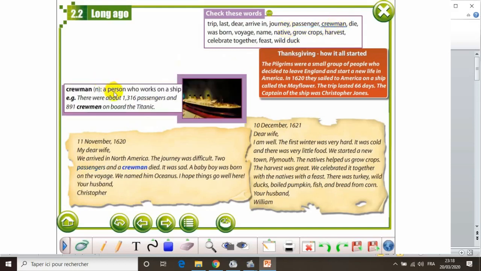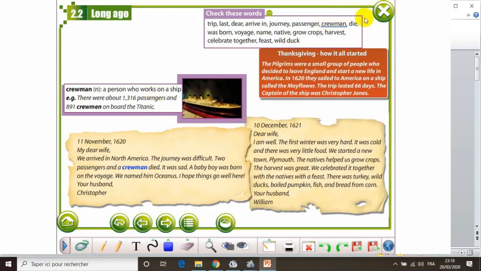A person who works on a ship. There were about 1,316 passengers and 891 crewmen on board the Titanic. Crewman, a person who works on a ship. His work is on a ship. They do not take the ship to travel, but it is their work.